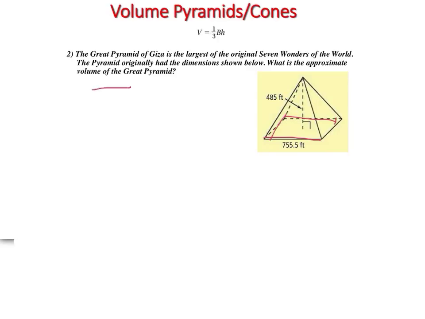So to find that whole area, we want to square that. That's the common mistake, is to not multiply 755.5 by itself. So that whole base, when we multiply that together, we'll get 570,780.